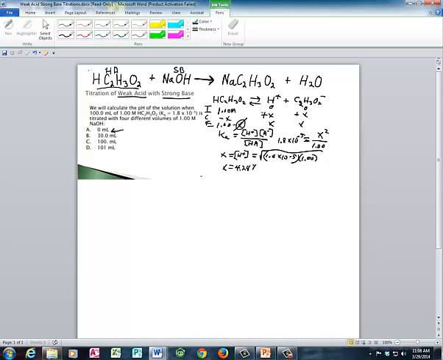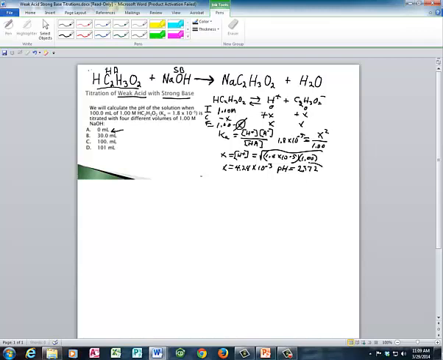Take the negative log of the hydrogen ion concentration and you get a pH of 2.372. So that's our starting place.